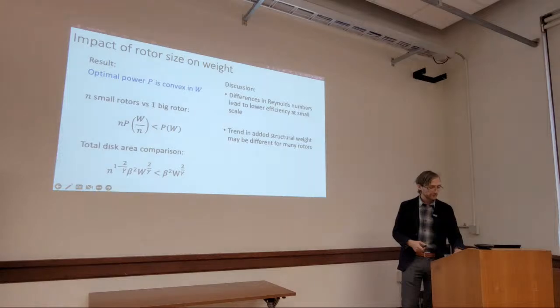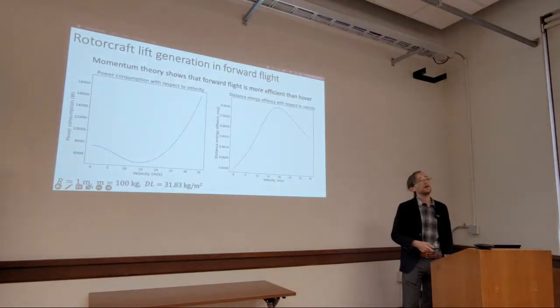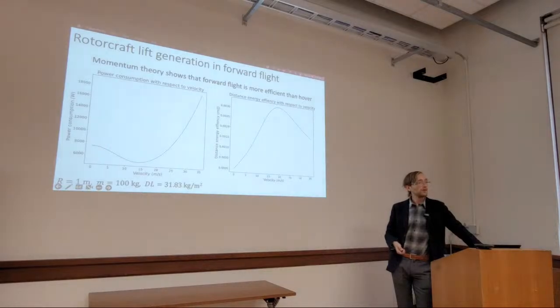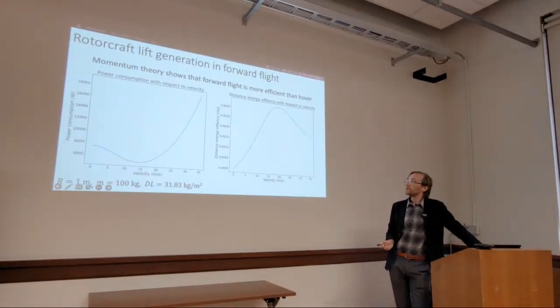But before that, I want to mention forward flight, because at the beginning I said there was some trade-off between having an efficient rotor at hovering and an efficient rotor in forward flight. So if we look again at the power consumption resulting from momentum theory as a function of velocity for a rotorcraft in horizontal flight, we see that the power consumption decreases and reaches a minimum before increasing again.